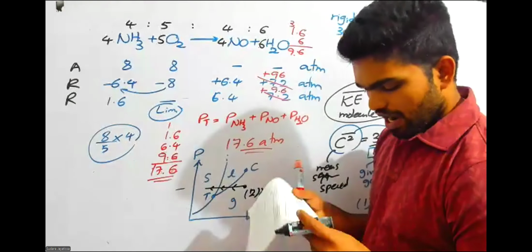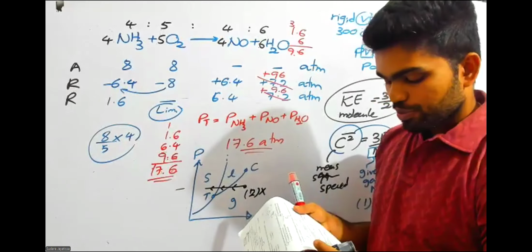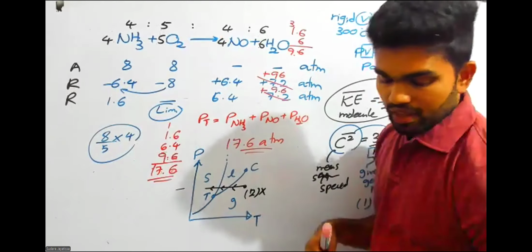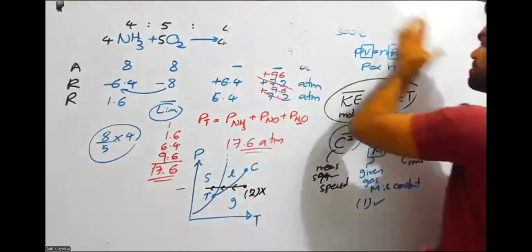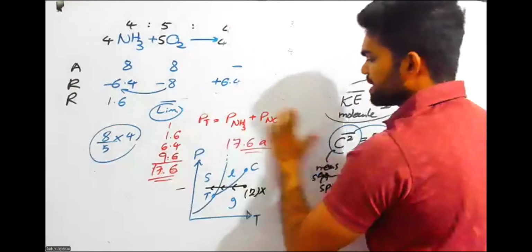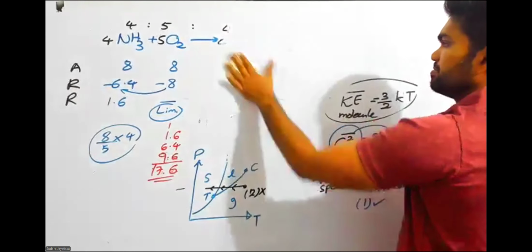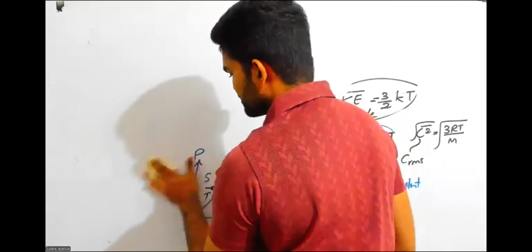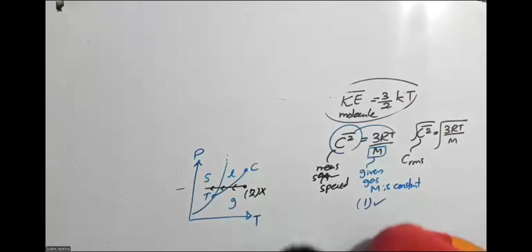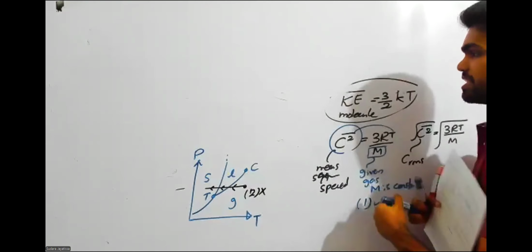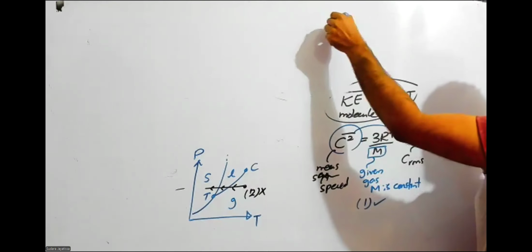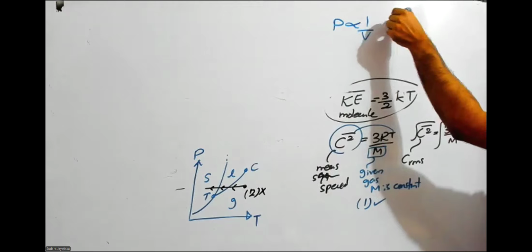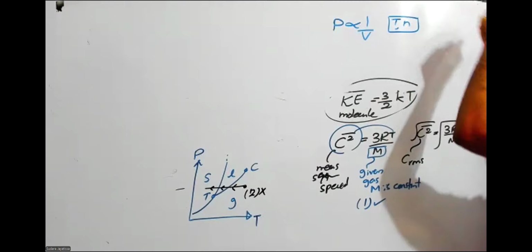And the third statement is telling for ideal gases, pressure inversely proportional to the volume. Okay, how do we explain that? So pressure and volume relationship is given by a gas law. What is that gas law? It is Boyle's law. Boyle's law explains the relationship between pressure and volume. It says pressure is inversely proportional to the volume of the ideal gas, but there is a condition: when temperature and moles are constant.